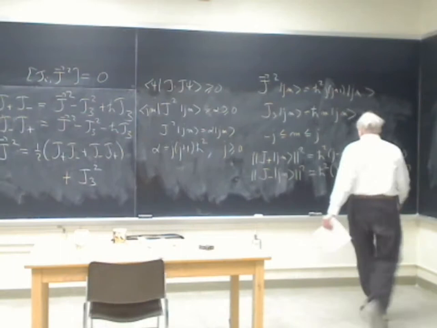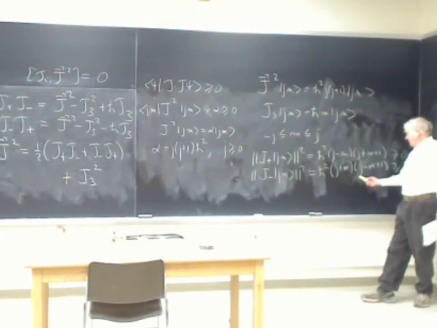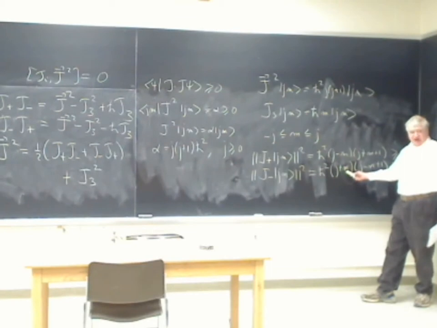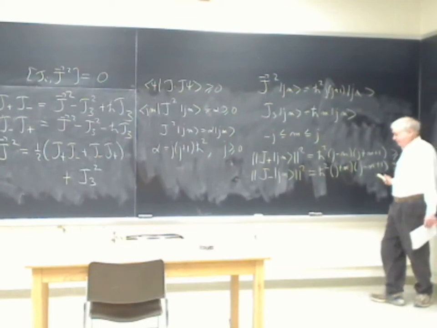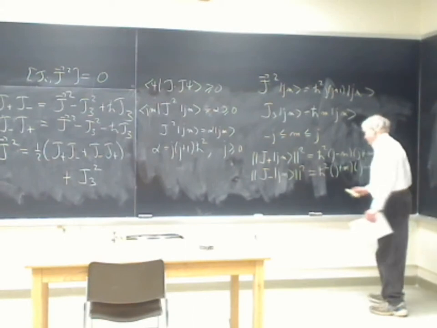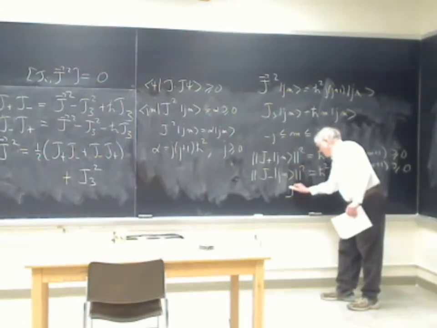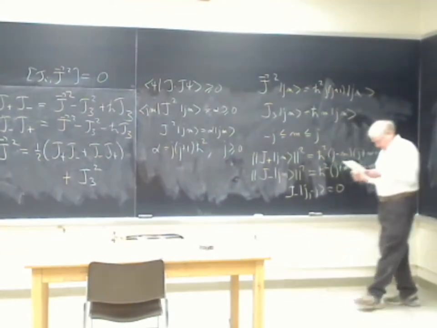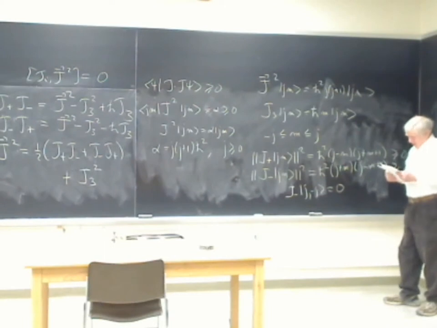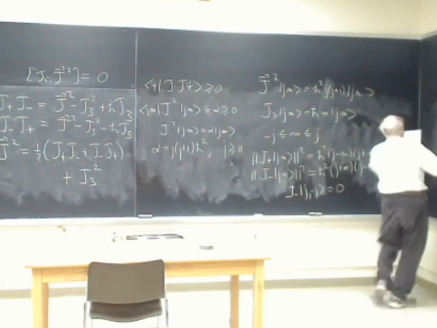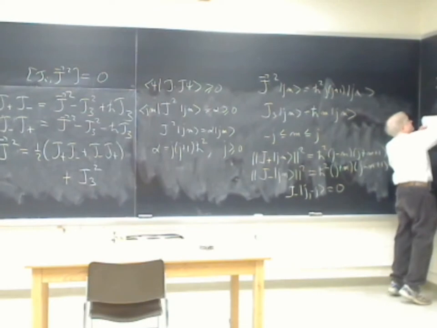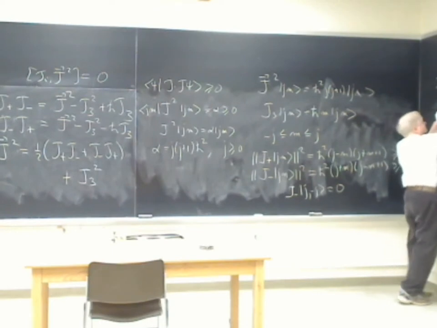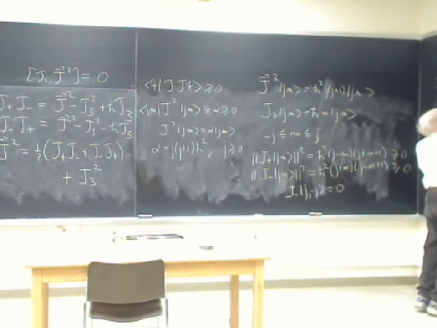so this particular relation here, this bottom one here, tells us that if m is equal to minus j, then this expression is 0. And so that told us that J minus on the state j, minus j was just equal to 0. We also knew, of course, that J squared commutes with J minus, and we used that to show that J squared on J minus Jm was equal to H bar squared j(j+1) J minus on Jm.